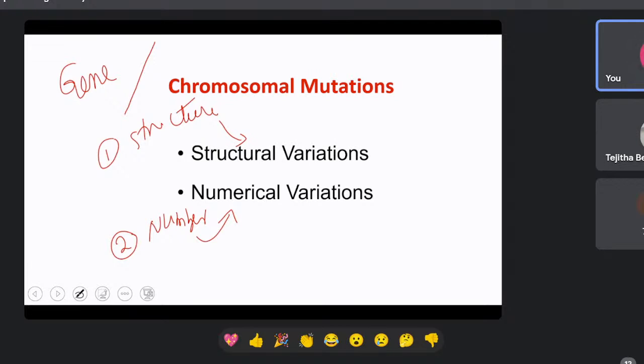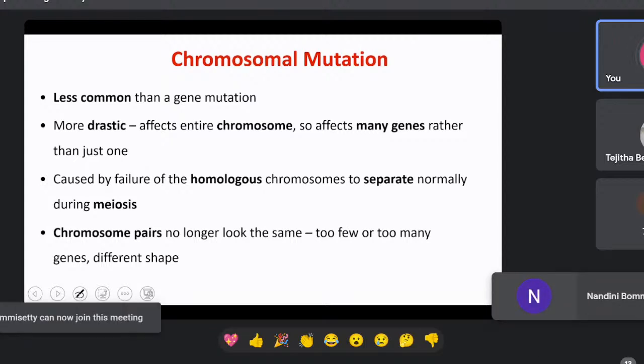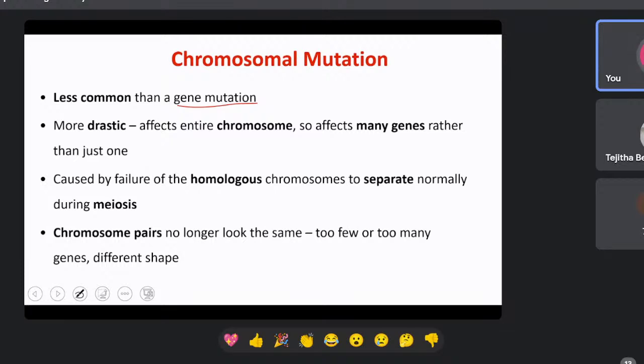So coming to the important characteristics of chromosomal mutations. These are less common than a gene mutation. For a gene mutation to occur, exposure to a mutagen is just required.